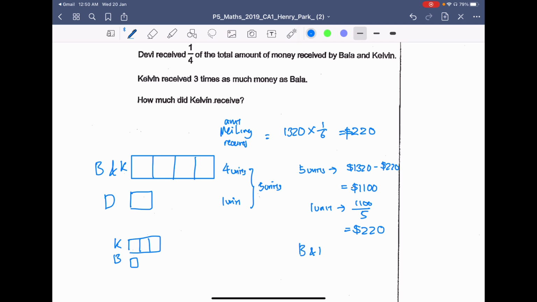So total amount by B and K equals 220 times 4 units, which is $880.